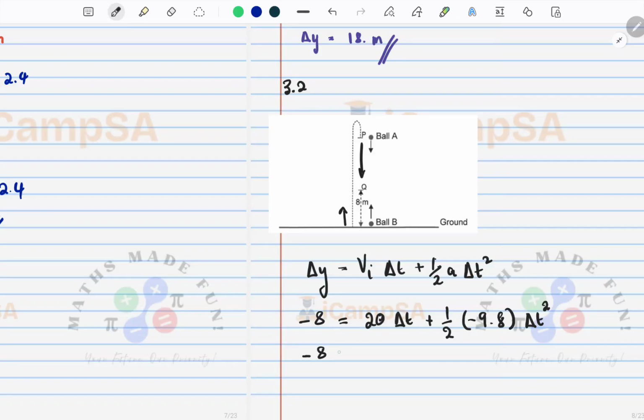You're going to have minus 8 equals 20 delta T minus 4.9 delta T squared, which rearranges to 4.9 delta T squared minus 20 delta T minus 8 equals 0.